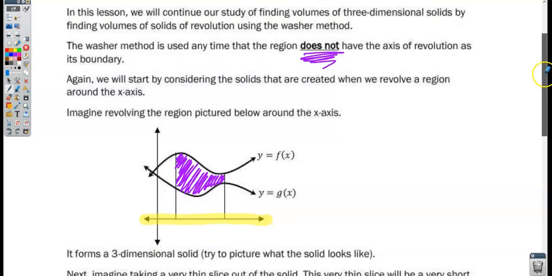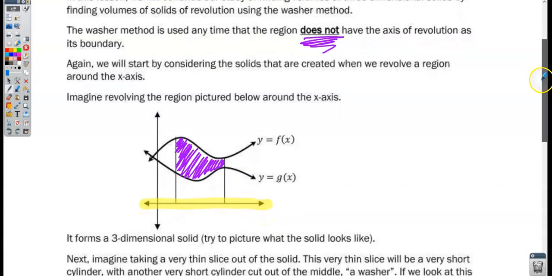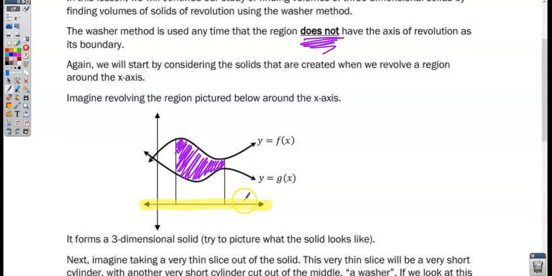Now, if you think about spinning this region around the x-axis, we've got this outer boundary that's going to form what I call the outer radius of the washer. If this curve y equals g of x didn't exist and we were just finding the region all the way to the axis, this would be the radius of a disk, and when we spin it around, it forms a disk-shaped solid.